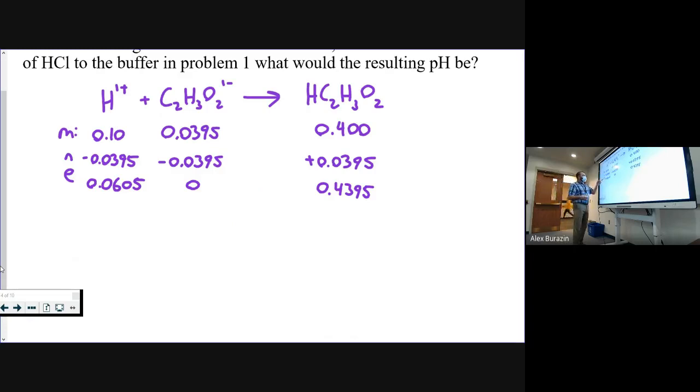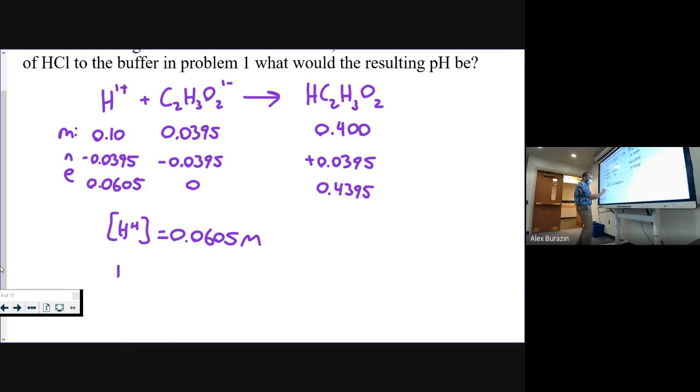So this is moles, because it's a mine table, but we had 1 liter of stuff, right? So in reality, I have a molarity of H1 plus equal to 0.0605 molar. Again, this is moles, but we have 1 liter, so I divide by 1 and it's the same.